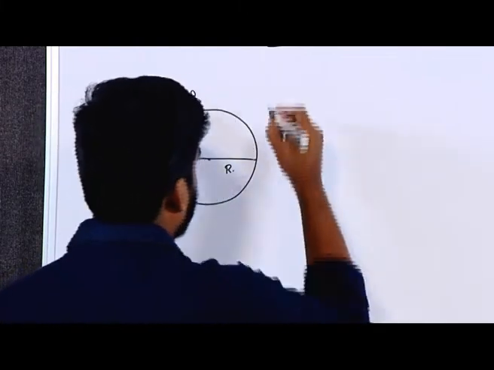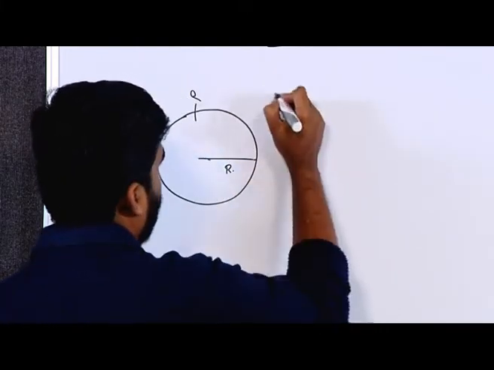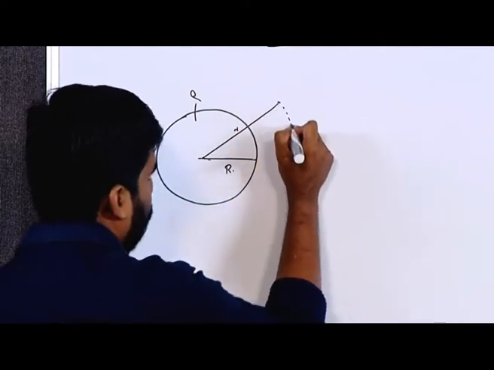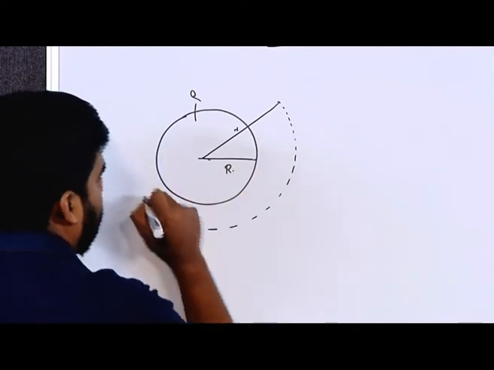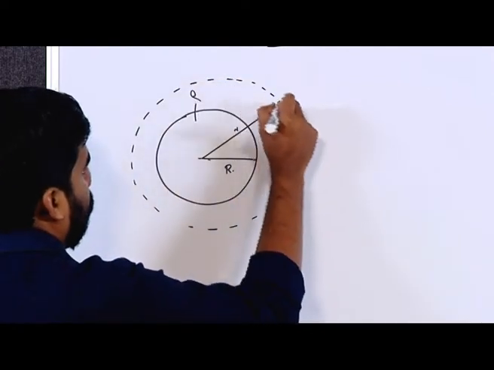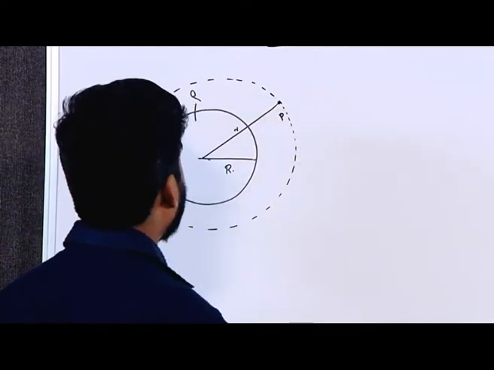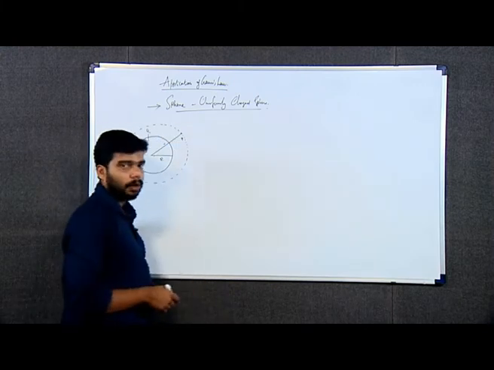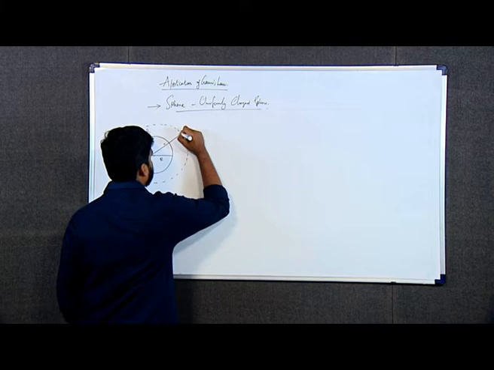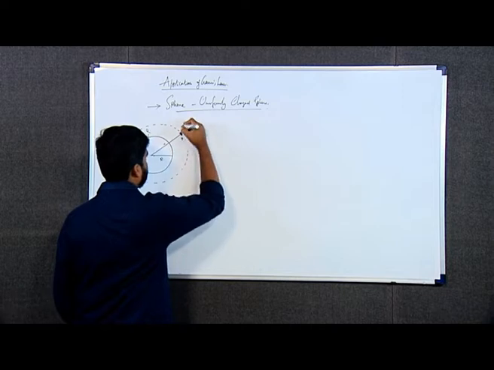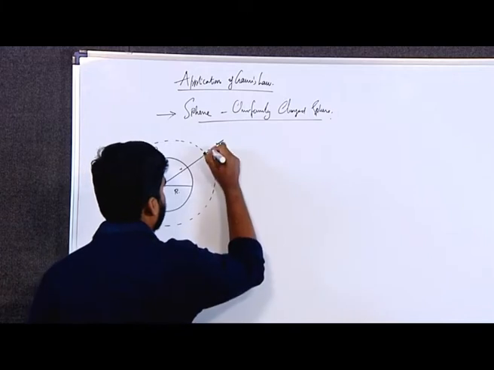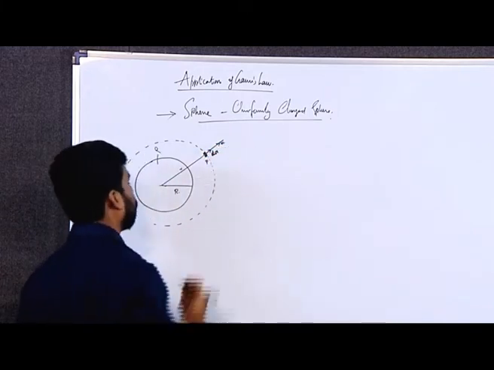Now I should find the electric field produced at a point P at a distance r from the center of the sphere. For that I am considering a Gaussian sphere, represented as a dotted line. Through this Gaussian surface, the electric field at this point is in this direction, and the area vector is in this direction.